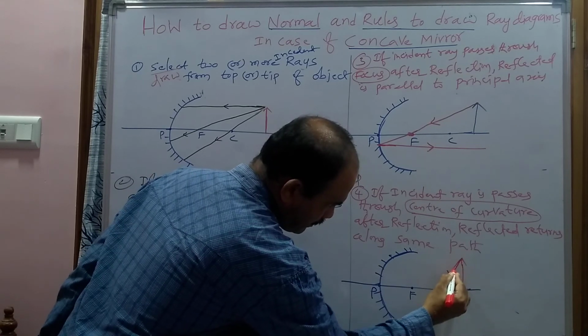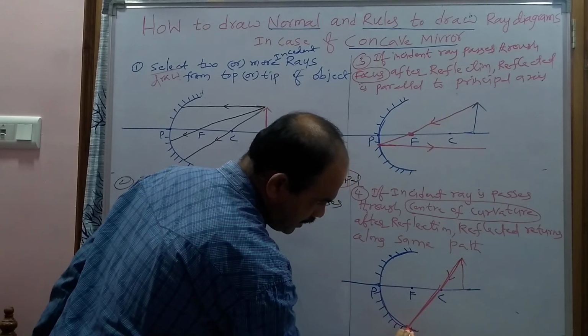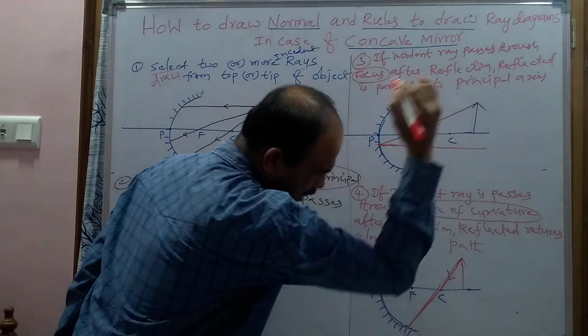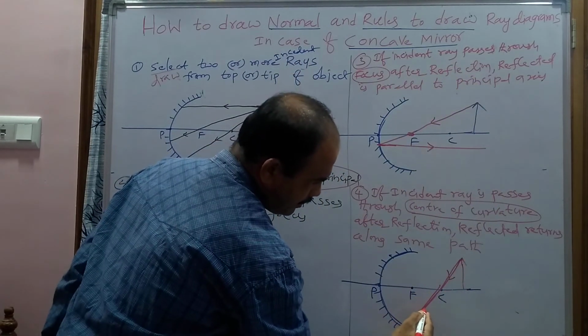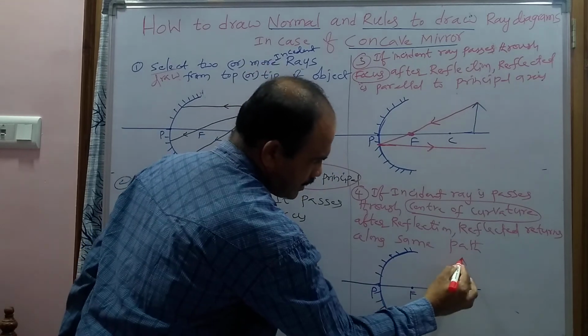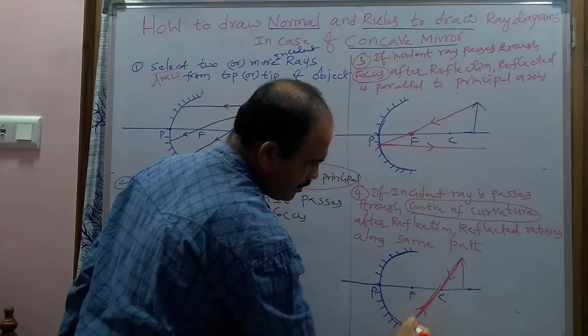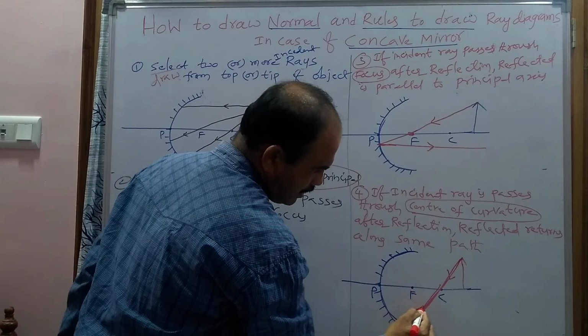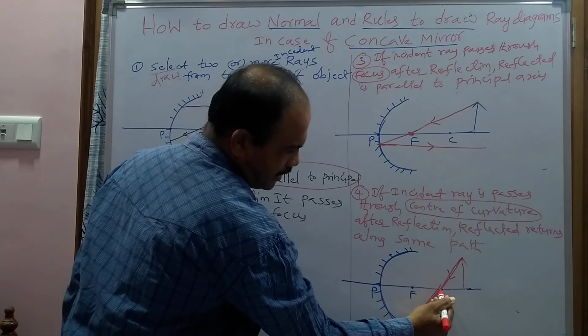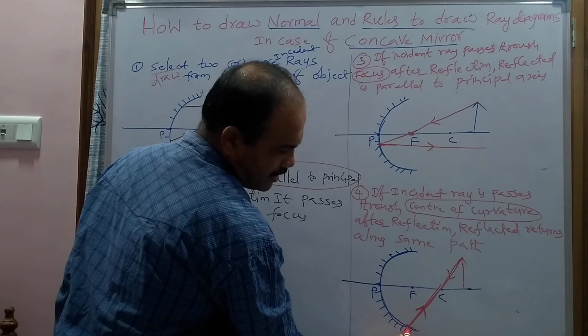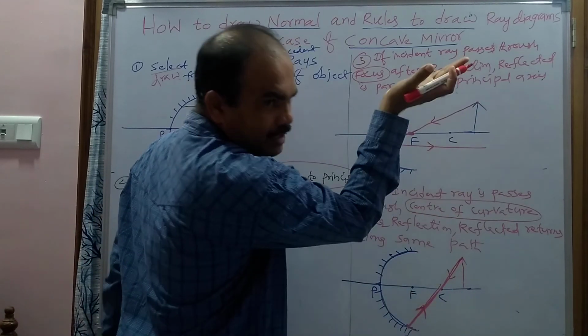This is an incident ray. After incidence, it returns along the same path. So this is the incident ray, and we draw the reverse as well, and it returns along the same path. If the incident ray passes through the center of curvature, after incidence it again returns along the same path.